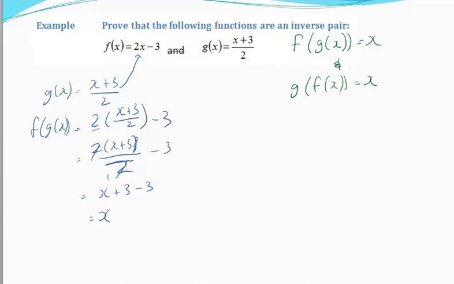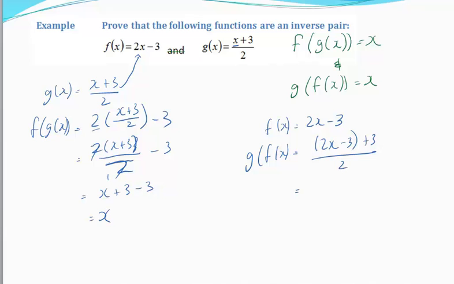And conversely, we know function f of x is 2x minus 3. For g of f, we substitute this in for our g function: 2x minus 3, plus 3, divided by 2.